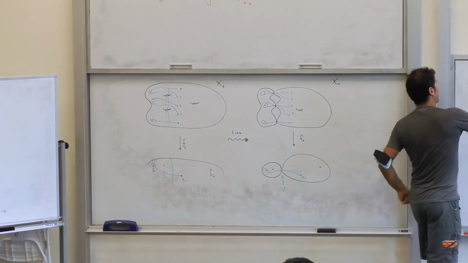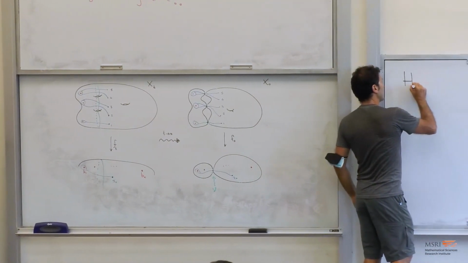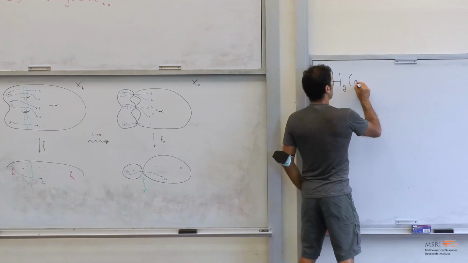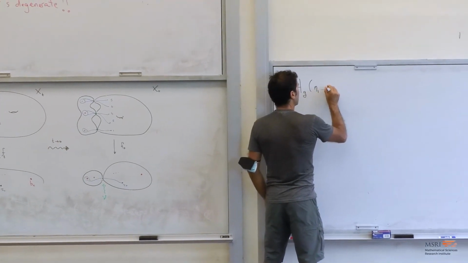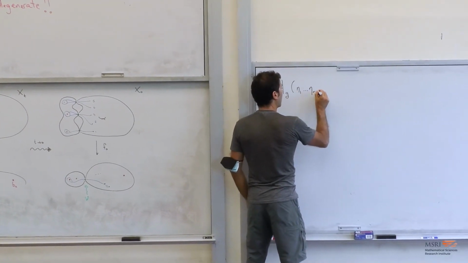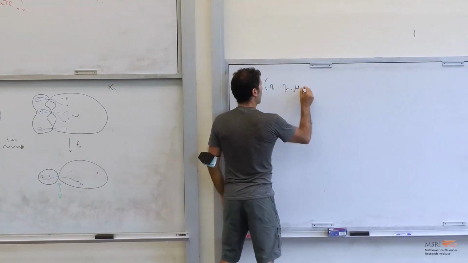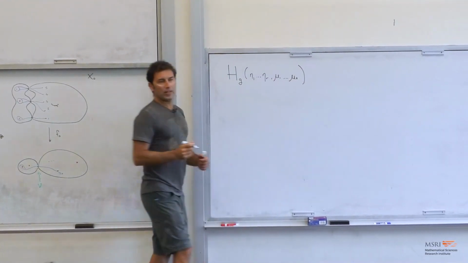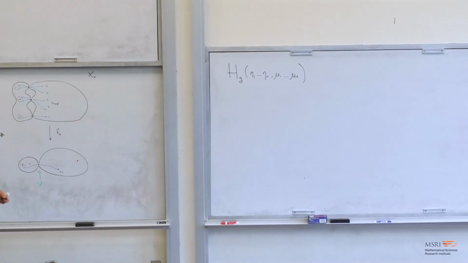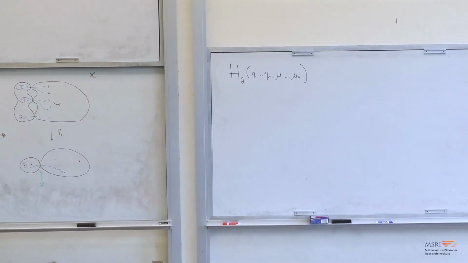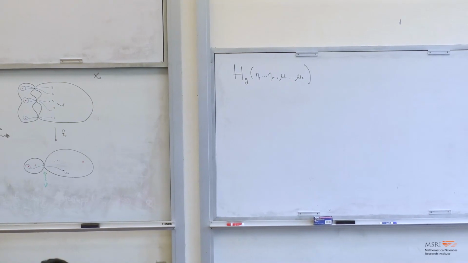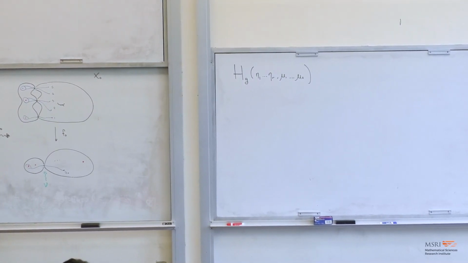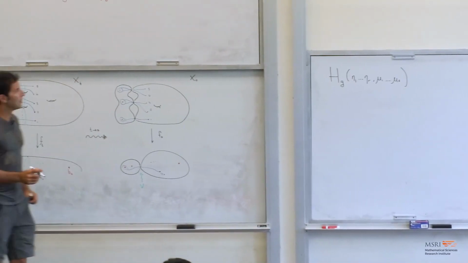So I guess what I'm saying is I want to write my original Hurwitz number, H_g(eta_1, ..., eta_r, mu_1, ..., mu_s), and the reason I'm calling the branch points with 2 different letters is that I'm secretly thinking, okay, I'm going to call etas the ones that are going to fall on the left-hand side of the green loop, and mu the ones that end up on the other side of the green loop, right?